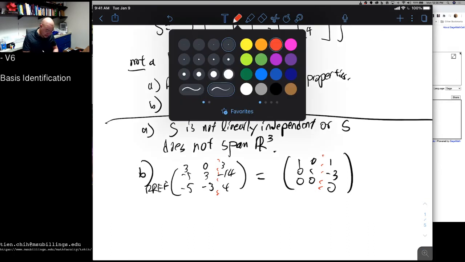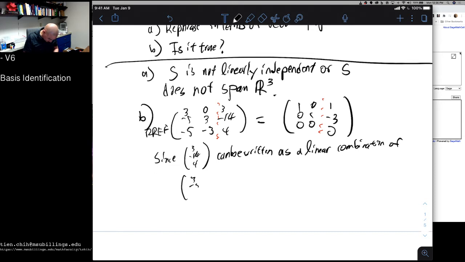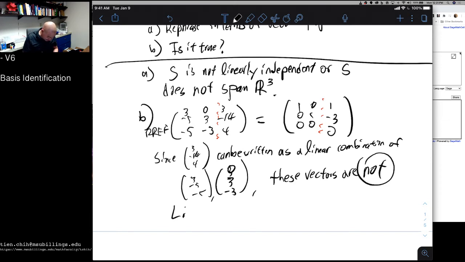So what we can conclude is that since (3, -14, 4) can be written as a linear combination of the first two vectors, these vectors are not linearly independent.